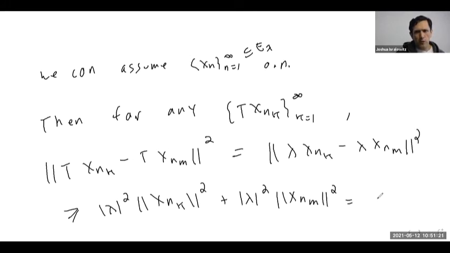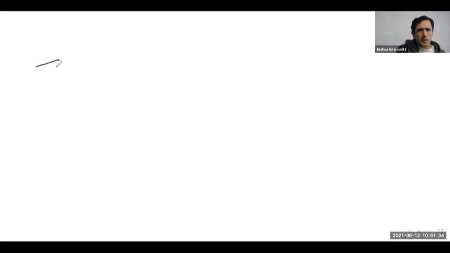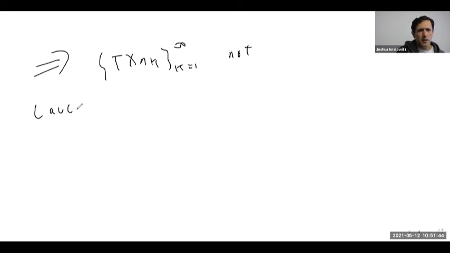Well, this is orthonormal, so it's 2 modulus lambda squared, and this is not equal to 0. So this implies Tx_k obviously is not Cauchy.